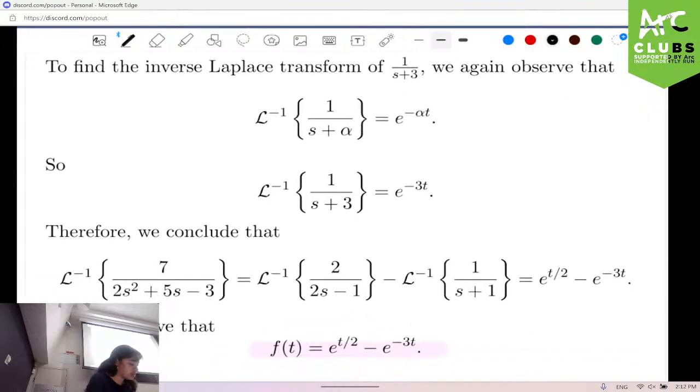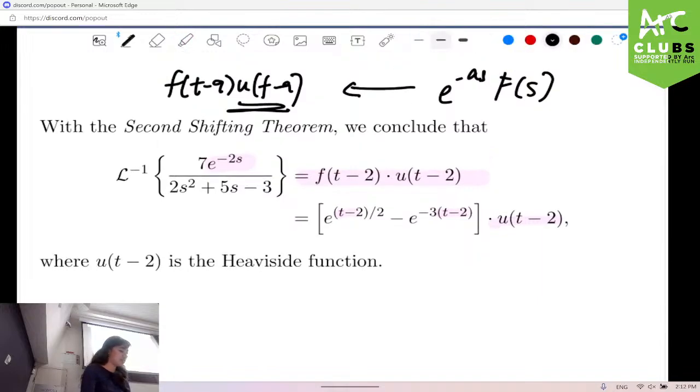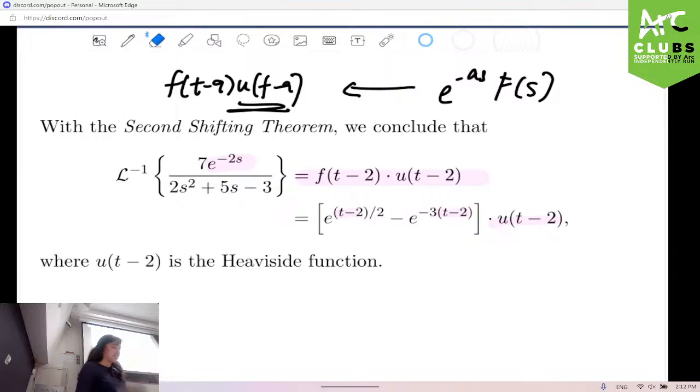So we just chuck in t minus 2 to where the t is, and then put in a, because this is the formula, and then boom, that's it. We have solved the question, and that is how you use the second shifting theorem to invert the space function using Laplace.